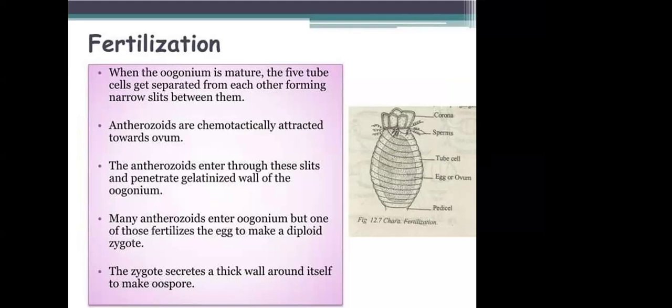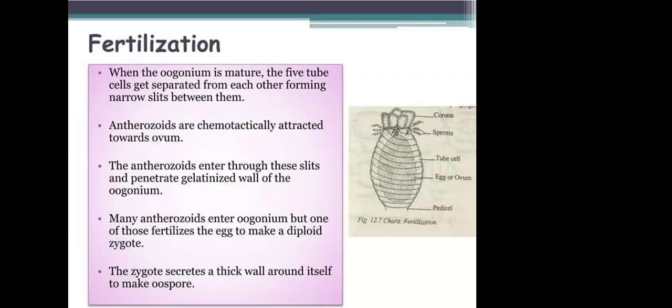One of the antherozoids enters into the egg and fertilization is completed. The zygote creates a thick wall and becomes an oospore. The zygote falls to the bottom of the pond and germinates after a rest period of a few weeks or more.